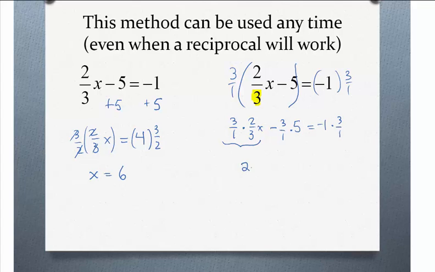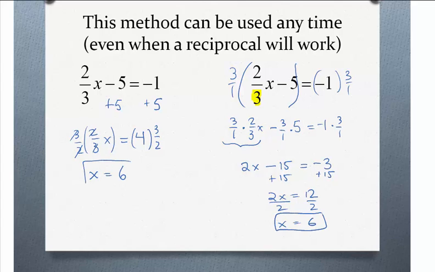This becomes 2x. Second term becomes 15. The right side becomes negative 3. Now if I solve this, I get 2x equals 12, divide by 2, I get x equals 6.